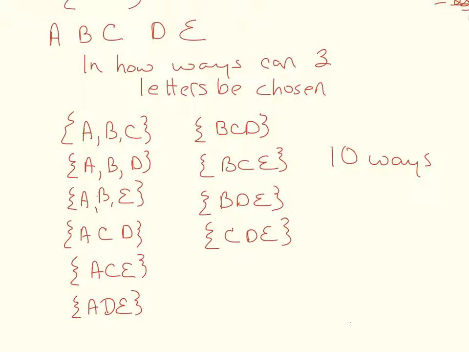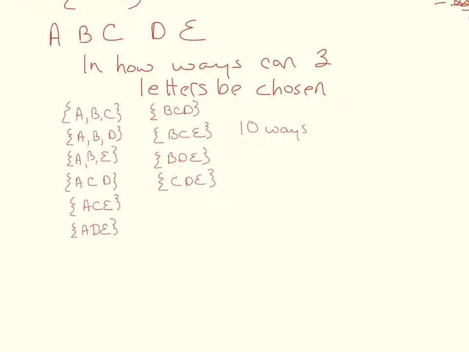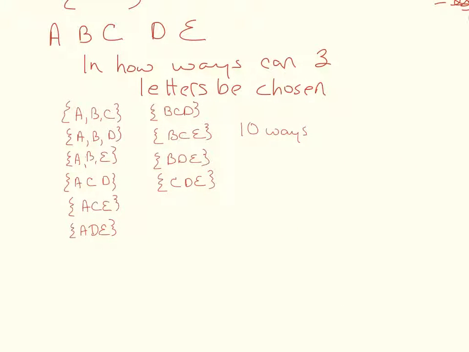Right, that can get a little bit cumbersome. We don't want to have to list everything out every time. It wasn't too bad with these 5, but just like there was a formula for permutations, there is a formula for combinations.